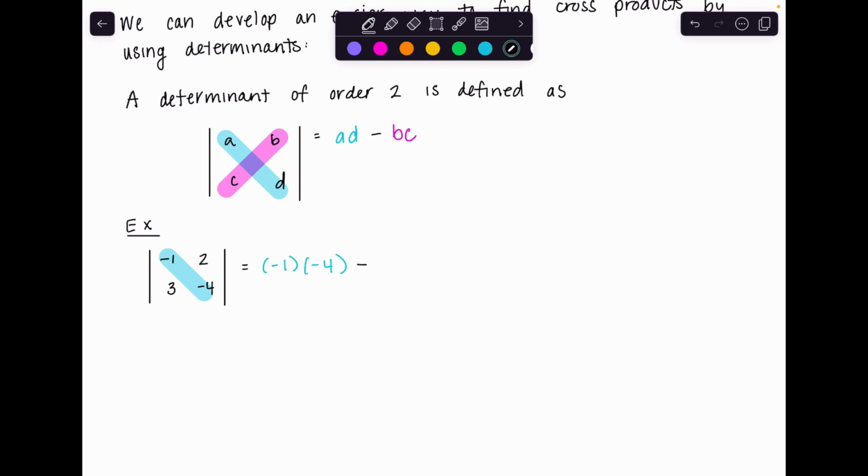And then we're going to subtract the product of the off diagonal. So that will be 3 times 2. -4 times -1 is +4, and then that becomes -6. So this determinant is -2.